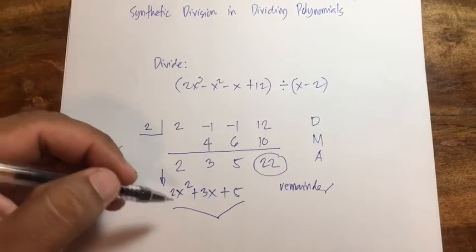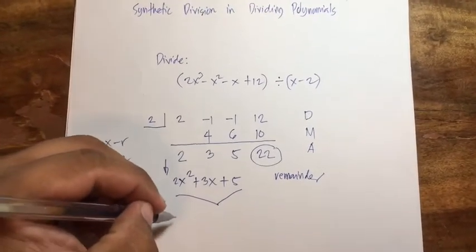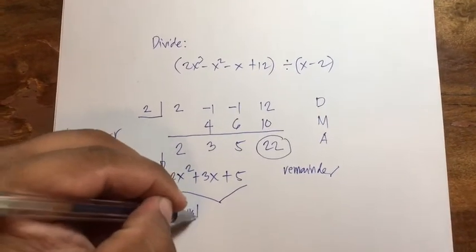See, it is shorter compared to our long division method. So this is our quotient.